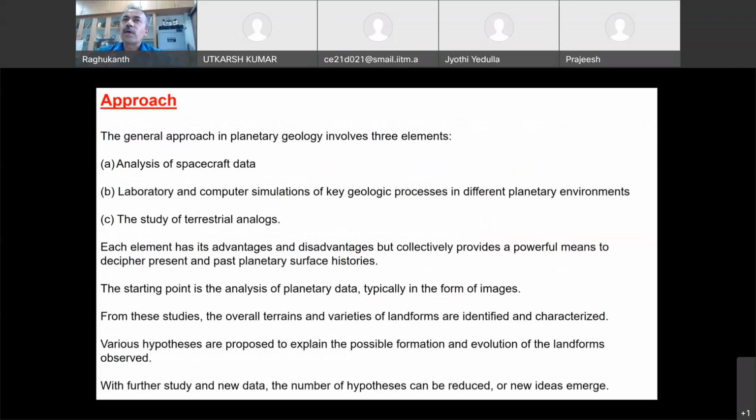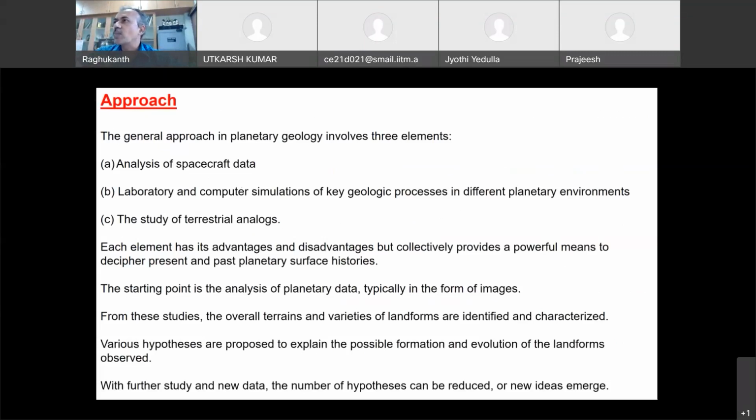So the basic approach in our planetary geology is that we have three elements. One is analysis of the spacecraft data, that is high resolution images or maybe samples or whatever we have. Then of course, nowadays, because computers have become very powerful, you may not be able to simulate an earthquake in a lab. You may not be able to simulate a volcano or glaciers or impacts in the laboratory, but you can simulate them in a computer.